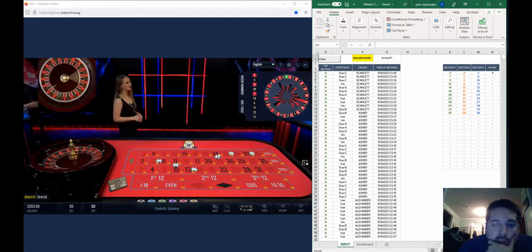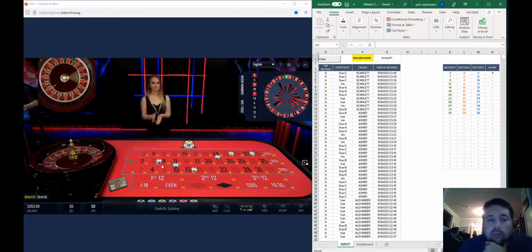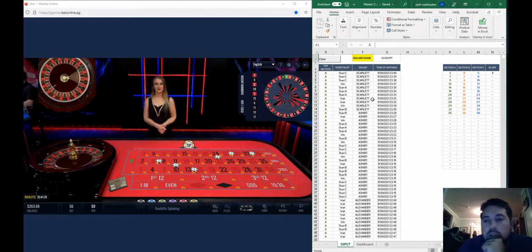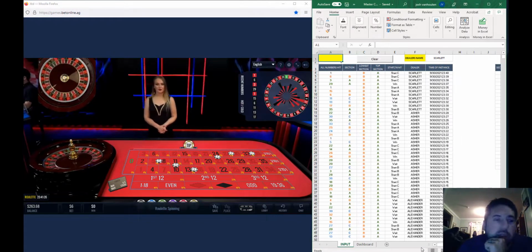We don't have to bet all the individual numbers because they're connected. So if you're looking for a very low cost barrier to entry without having to spend a lot aggressively, section C is the way to go.